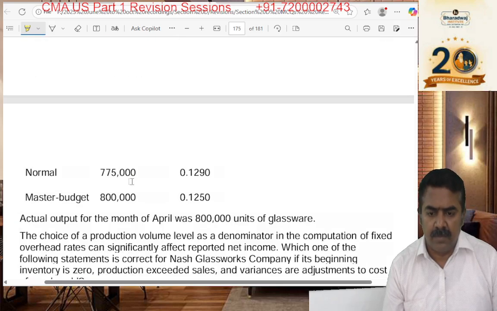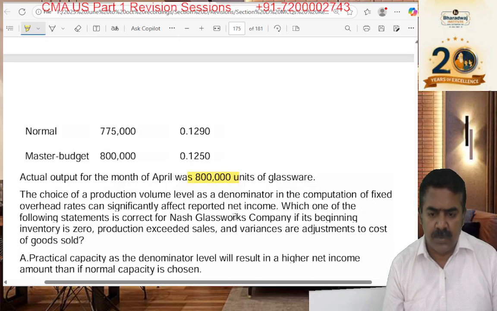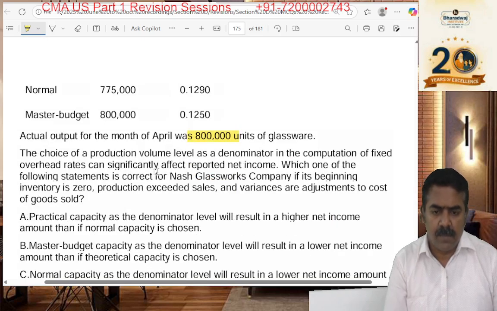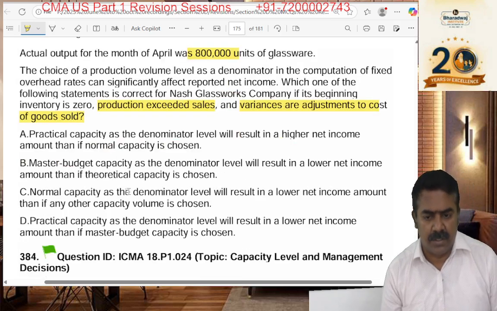Theoretical, practical, normal are given. Actual output is 8 lakh units of glassware. Beginning inventory is 0. Production exceeds sales. Variances are adjusted to which one? Cost of goods sold.